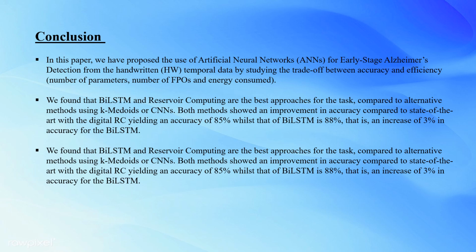So coming towards the conclusion, in this paper we have proposed the use of artificial neural networks for early stage Alzheimer's detection from handwritten temporal data by studying the trade-off between accuracy and efficiency. We have found that BiLSTM and reservoir computing are the best approaches for the task compared to alternative methods using K-medoids or CNNs.